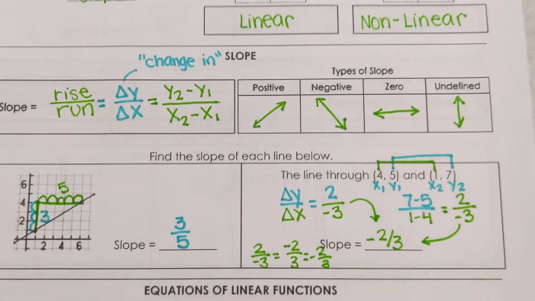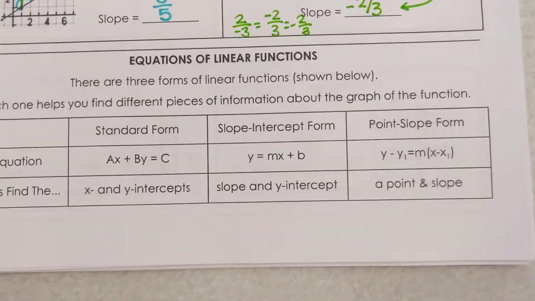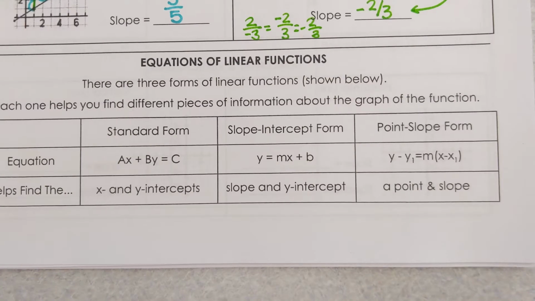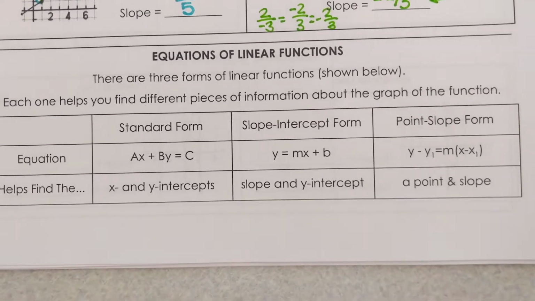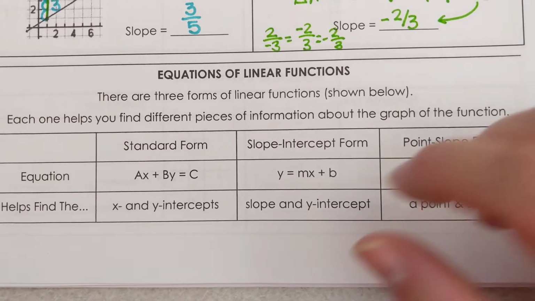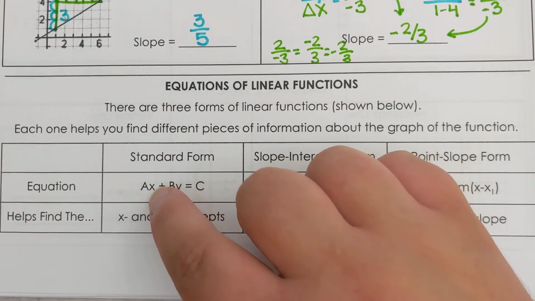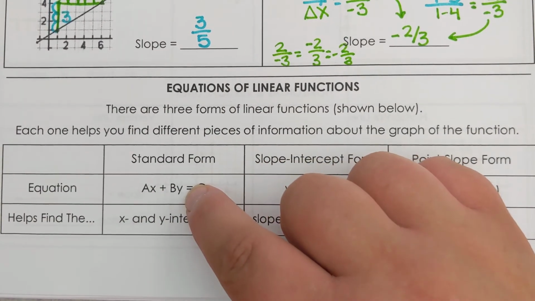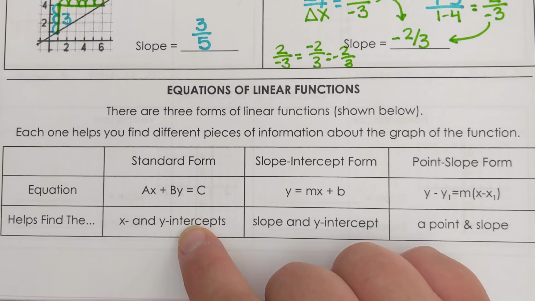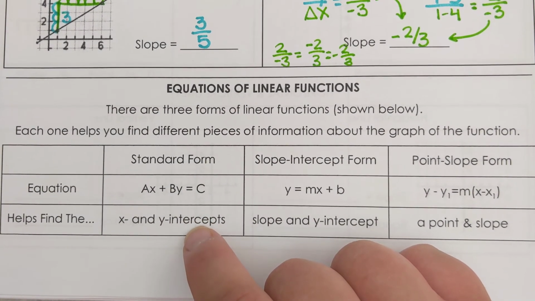Okay, let's go over the 3 different equations that we could have. So the first one is standard form, and that's where x and y are on the same side. This helps you find the intercepts, and then you can graph it through the intercepts.